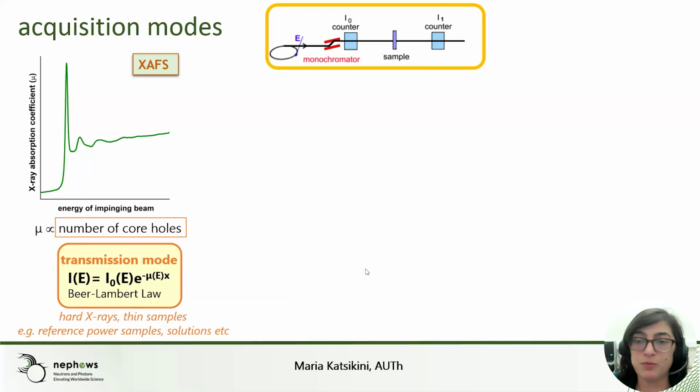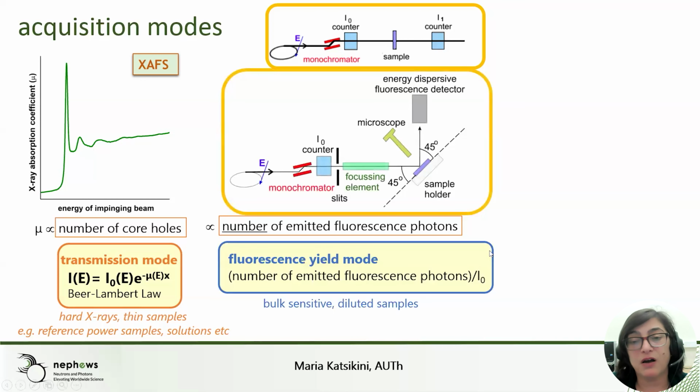Another method, which is more suitable for diluted samples, is the fluorescence yield mode. In this case, we need a fluorescence detector which counts the number of the emitted fluorescence photons, because this number is proportional to the number of the core holes created, which is proportional to the absorption coefficient. In this case, the sample is positioned here.